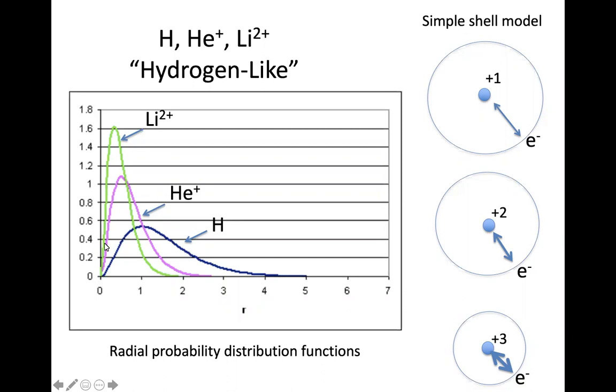I'm seeing a really clear relationship between the effective nuclear charge and the distance the electron is found. As I have more and more positive charge, it leads to a contraction, pulling that electron closer. In all of these cases, they're found in 1s orbitals, but notice how the 1s orbital is getting squished closer and closer to the nucleus because I have more and more protons there pulling it in.